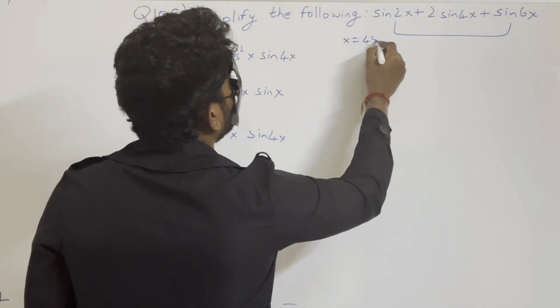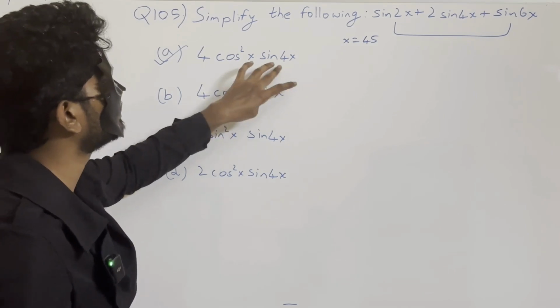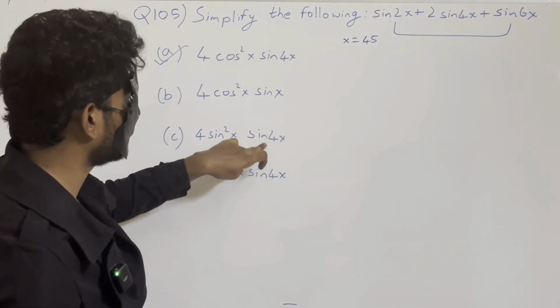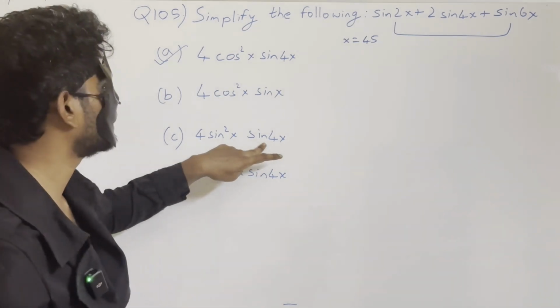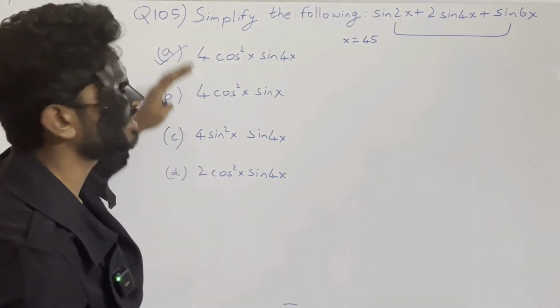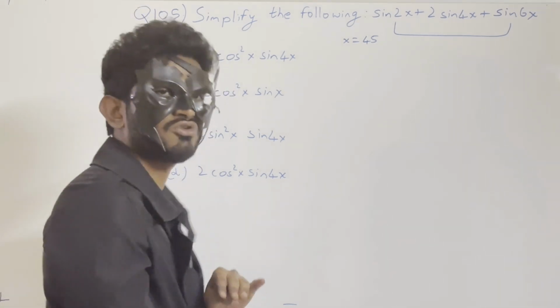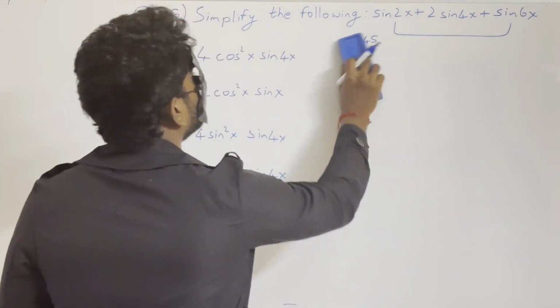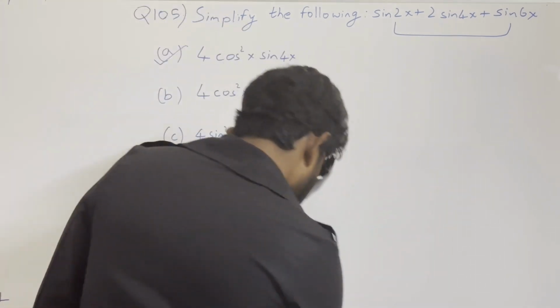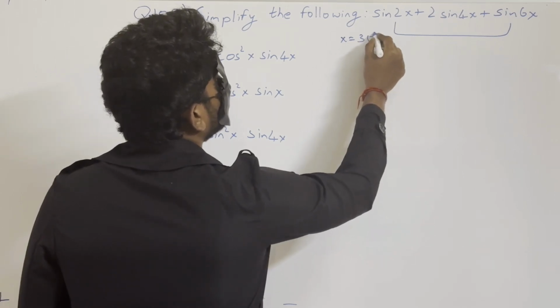If we put x is equal to 45, then sin 4x is nothing but sin 180, which will be 0, and here this option will be 0. Again sin 4x is sin 180 is 0, here this option will be 0. So you will not be getting unique options. So x is equal to 45 is also of no use. So now I will put x is equal to 30 degrees.